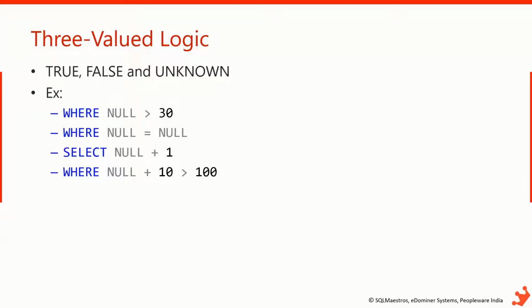So whenever null is involved, the output will be null most of the time. There are some logical inconsistencies in SQL Server that we will discuss in a bit, but generally, whenever we compare null with any value, the output will be null.